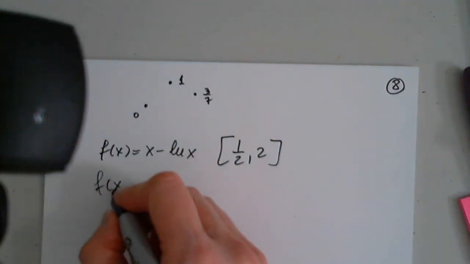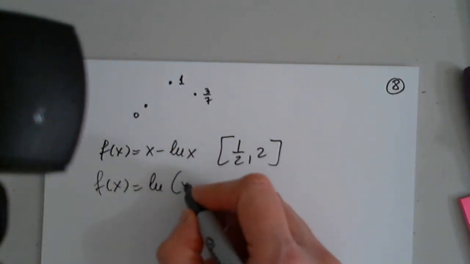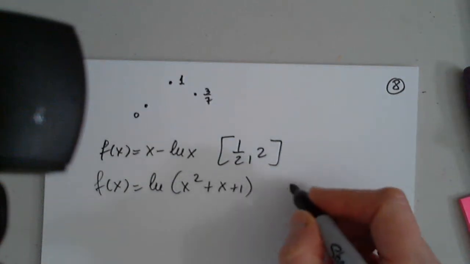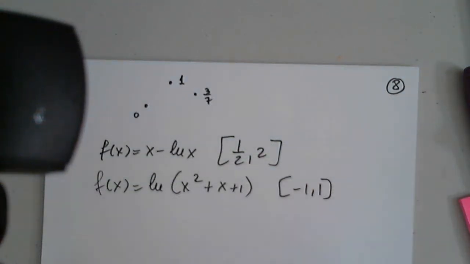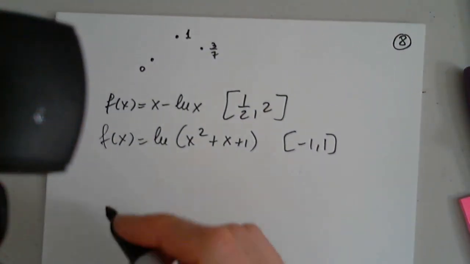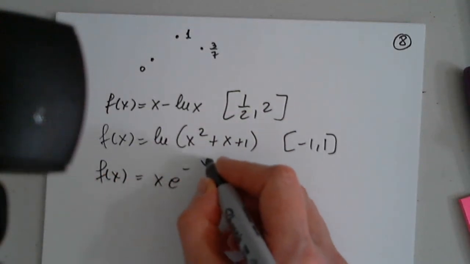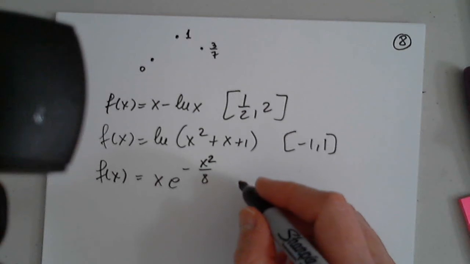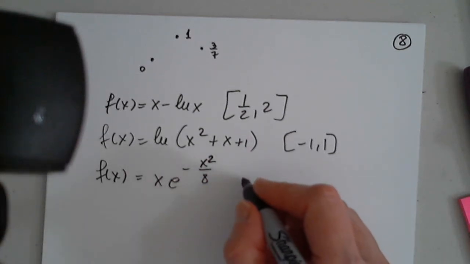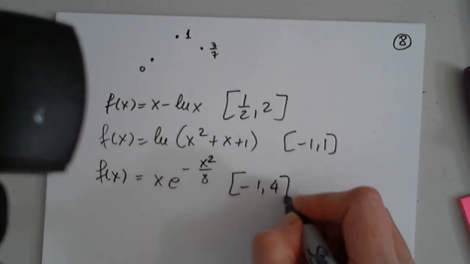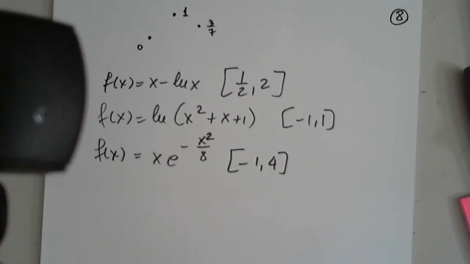The other one is natural log of x squared plus x plus 1 on -1, 1. And in case you are thinking of an exponential, x e to negative x squared over 8. This I put once. You probably will see it on a test review some semesters ago.